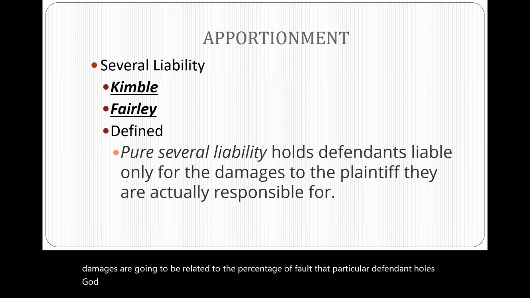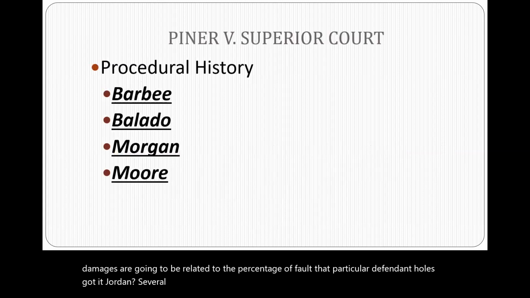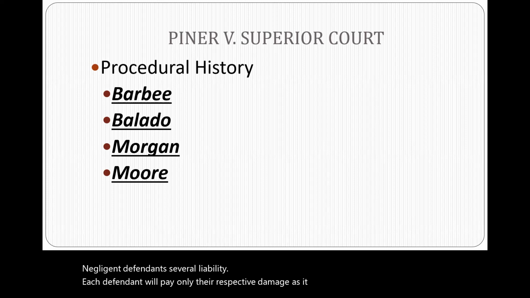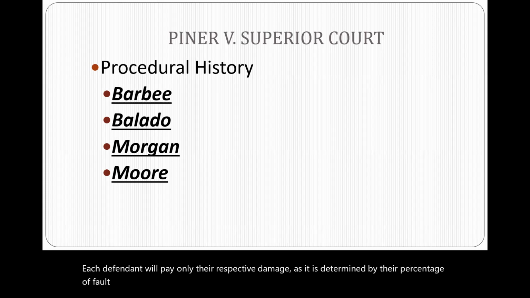Got it? Joint and several, one for all, all for one. One guilty defendant can pay the total damages for multiple negligent defendants. Several liability, each defendant will pay only their respective damage as it is determined by their percentage of fault.